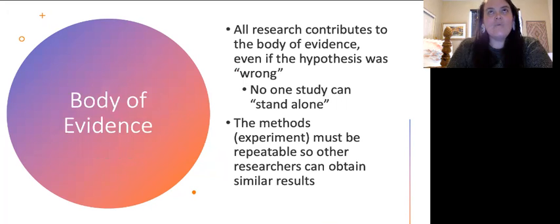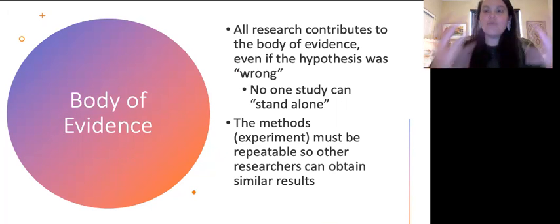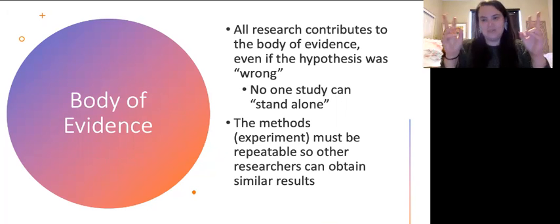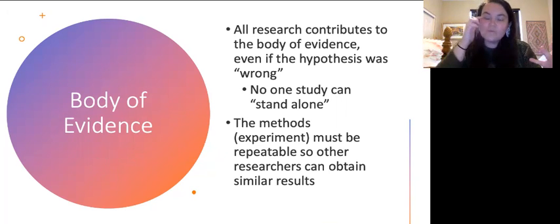And when we think of research, we will read 1 paper or 2 papers, but your research, along with anybody else's, contributes to this larger body of evidence, even if the hypothesis was wrong. So even if what you hypothesized to happen didn't happen, it still contributes to this larger body. And no one study can stand alone.